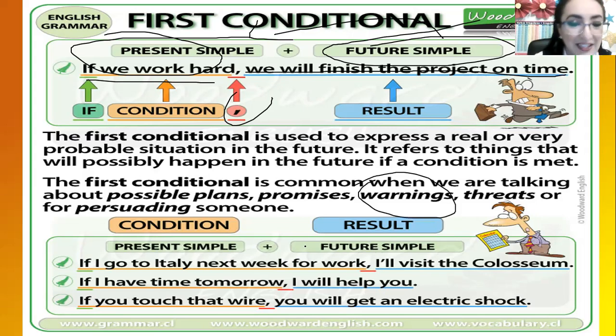Warnings, okay? Threats. If you study, I will send you to Canada for one month. That is like you are trying to persuade someone. What do you think? Easy or difficult? Easy, right? It's easy. Don't worry.